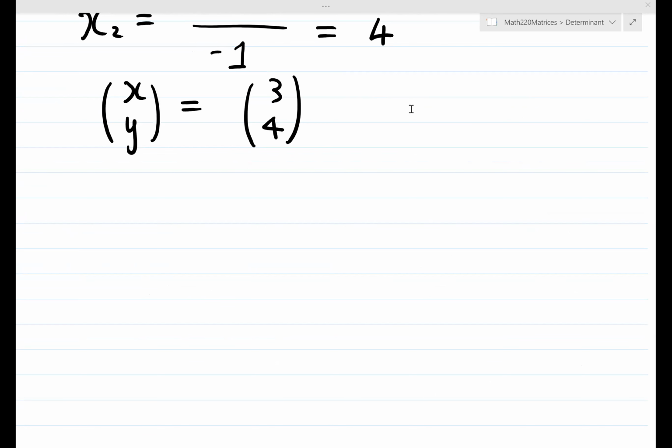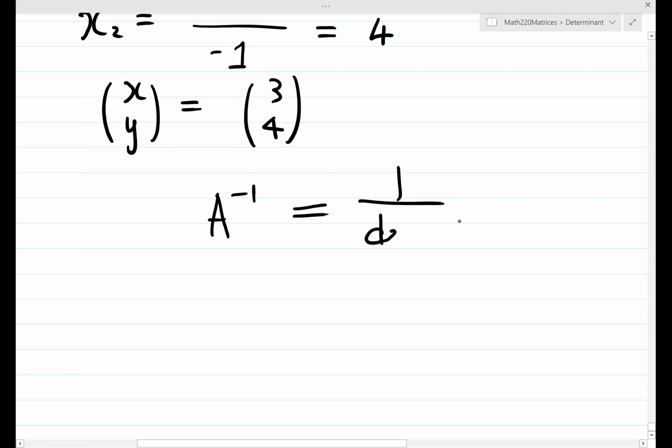Another thing I should mention. Remember that A inverse is 1 over the determinant of A times C transpose.